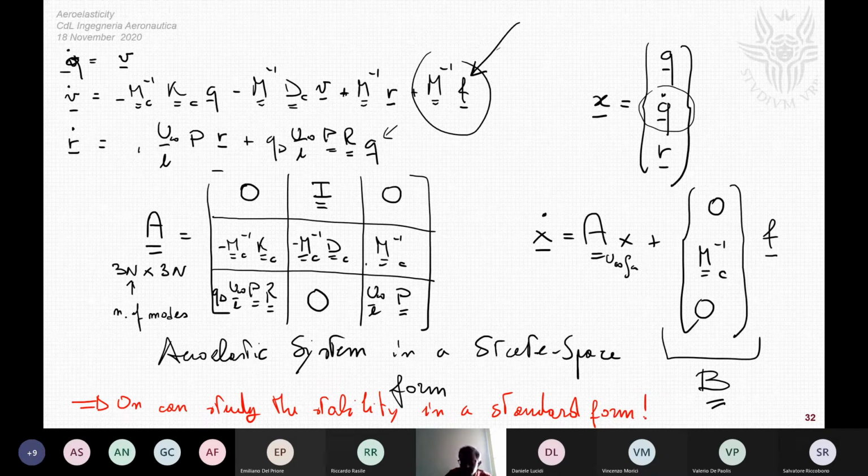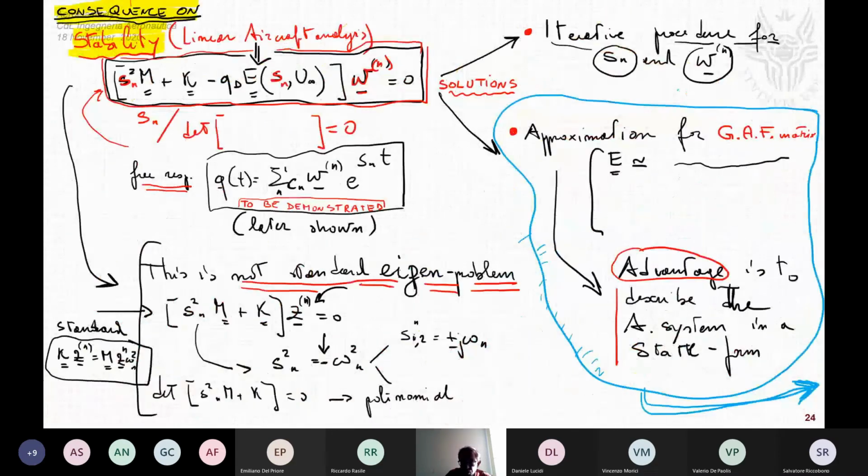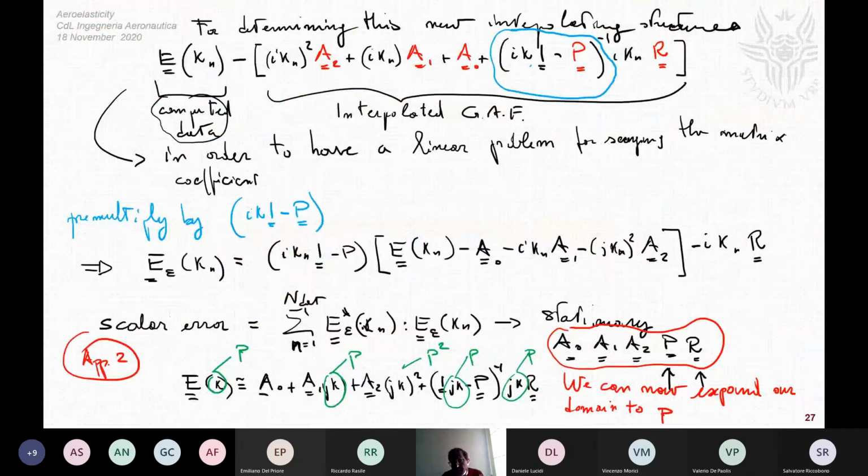And this is what I said here, and I promised to you. When you have this approach, the advantage is to describe the elastic system in a state form. Okay? And we did it. And this is the price we paid.